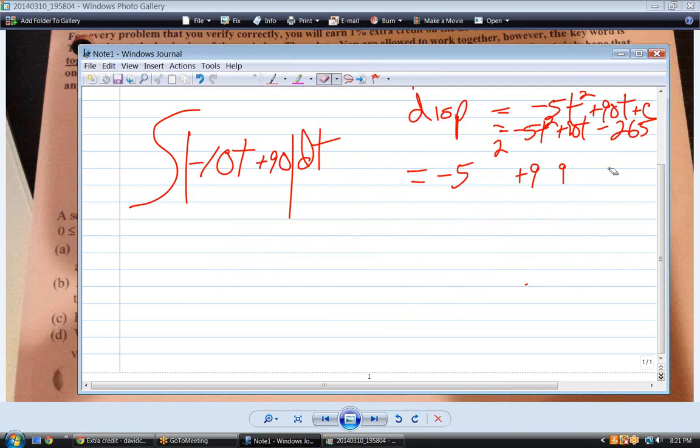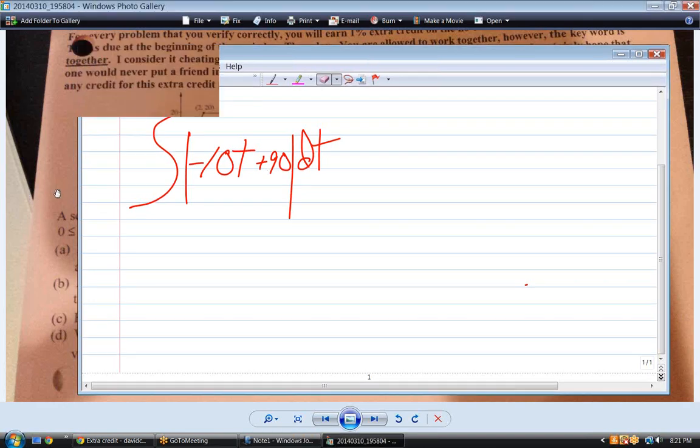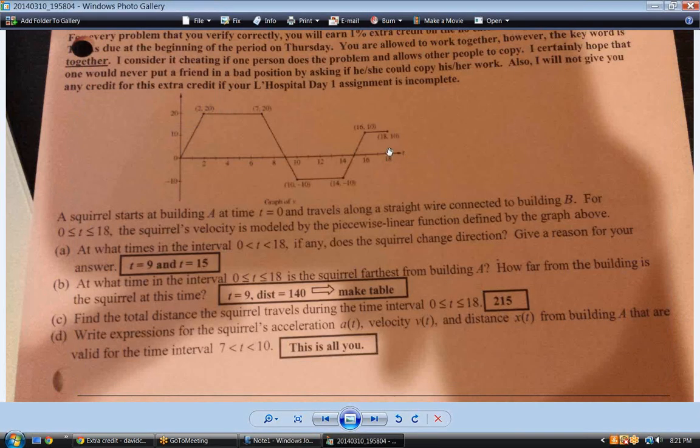In other words, if you could put the function into your calculator, the distance traveled from 0 to 18 is the integral of the absolute value of this function, meaning the positive area here. This would come out as negative area, but if we made it absolute value, it becomes positive. In other words, I draw this on the other side of the x-axis if I'm taking the absolute value.